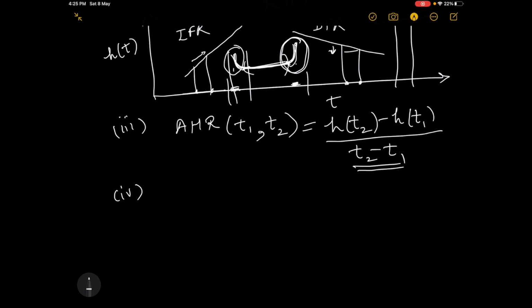Mean time to failure. This is another very popular metric in the industry to relate to the reliability of a particular component. Mean time to failure is defined as expected T, mean time, expectation.